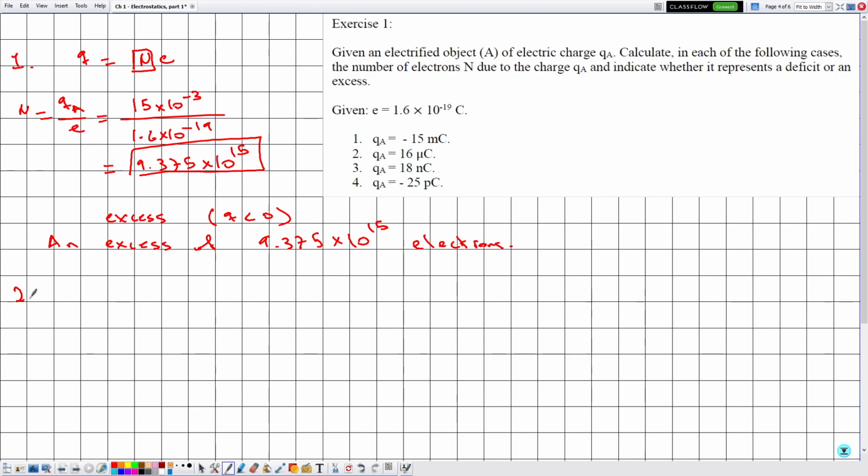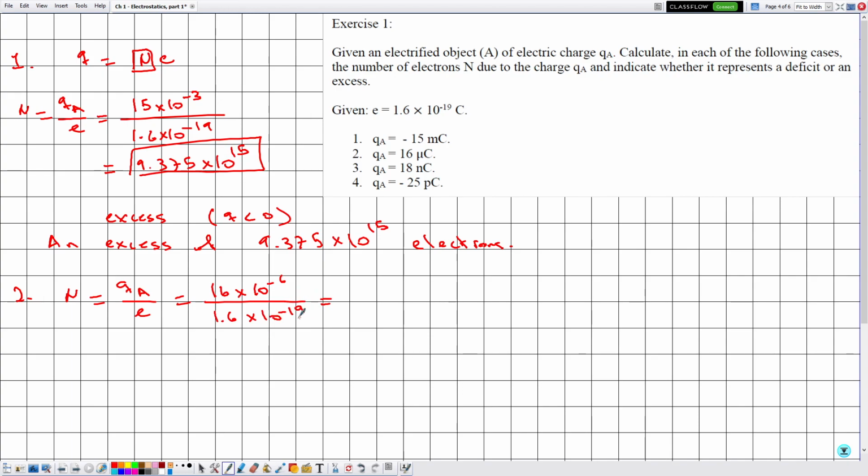Now in number 2, we're also going to use this formula directly. Then N equals Q_A divided by e. Now the value of Q, taking the absolute value, is 16 micro, where mu refers to 10 to the power minus 6, divided by 1.6 times 10 to the power minus 19.